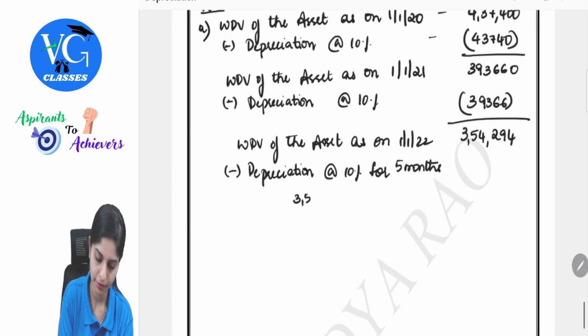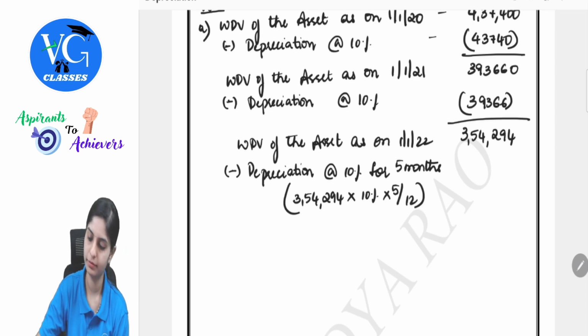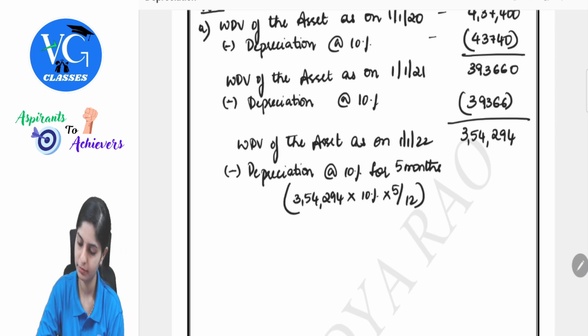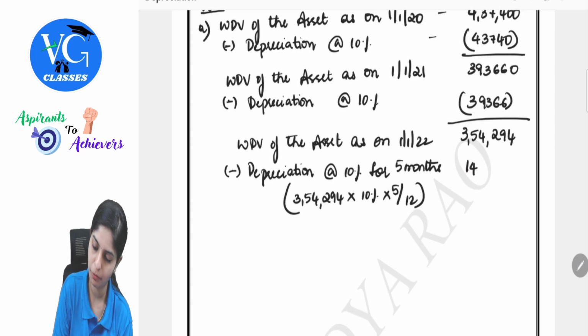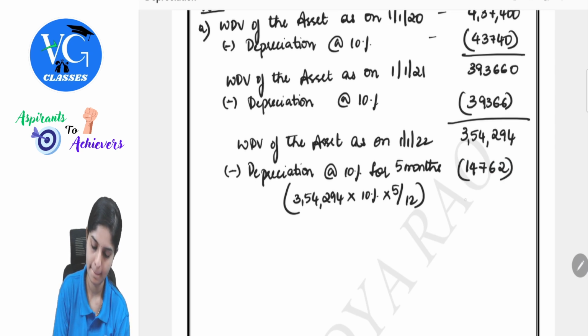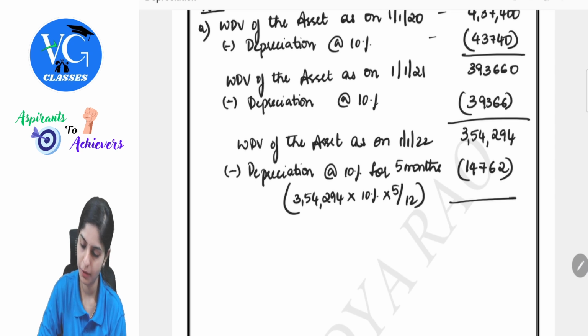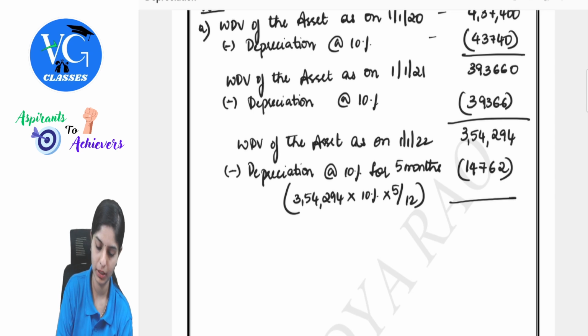So 3,54,294 into 10% into 5 by 12. The value is coming to 14,762. 354,294 minus 14,762, 339,532.